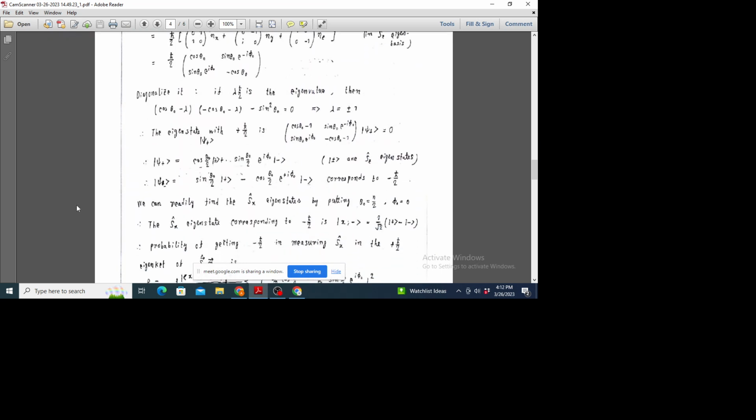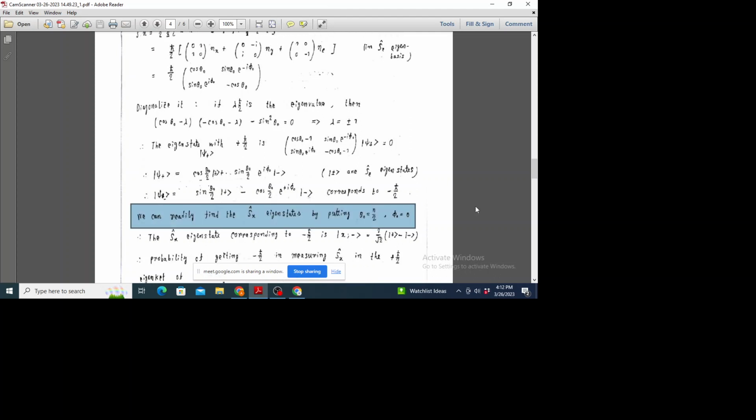So now we have to find the sigma x eigenvectors. The sigma x eigenvalues, we already know, are also plus minus h cut by 2. Now we want to find the sigma x eigenstates.